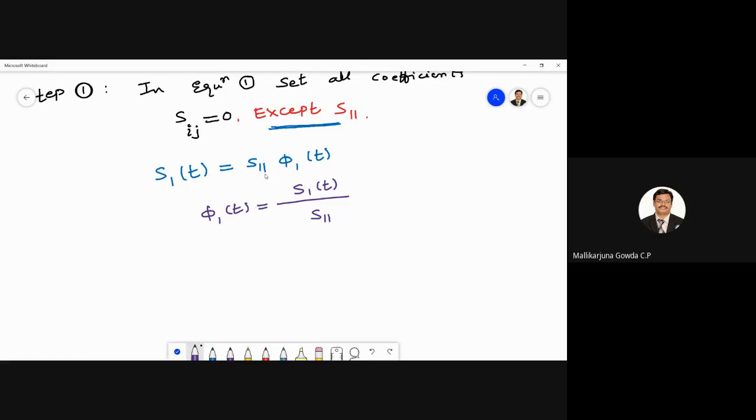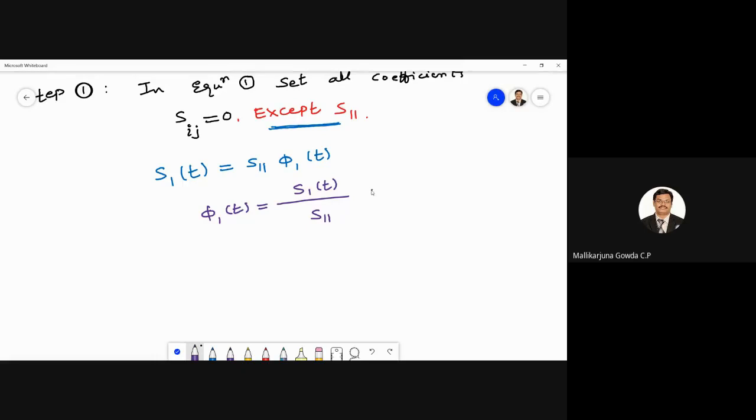Here the values of i and j are equal to 1, meaning i equals j, which is equal to 1.